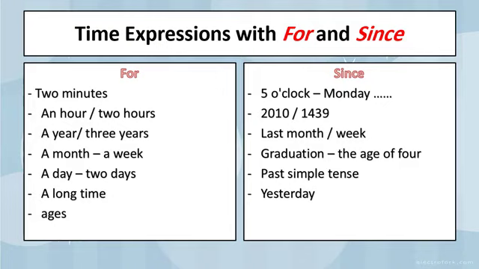Since 5 o'clock, since Monday, since 2010, since 1439, since last month, since last week, since graduation, since the age of 4, since and a past simple tense sentence, and since yesterday.